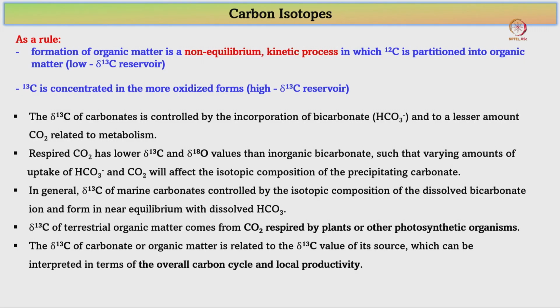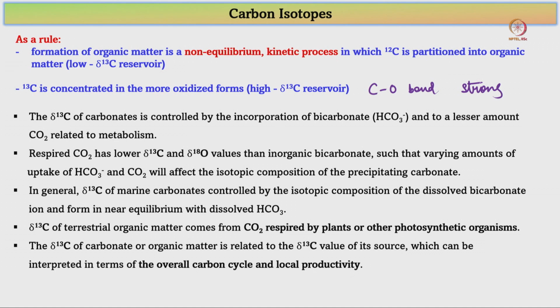Therefore, this is my reservoir of low delta 13C. As compared to that, 13C is concentrated in the more oxidized, more stable forms, because the carbon and oxygen, the CO bond, is very strong.